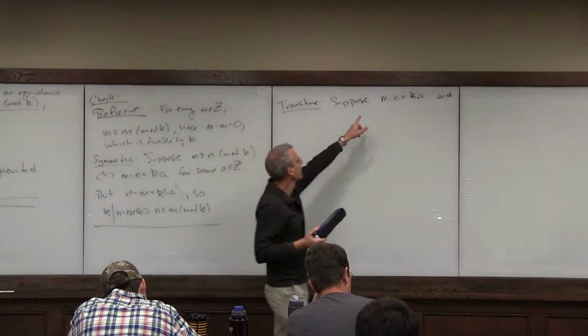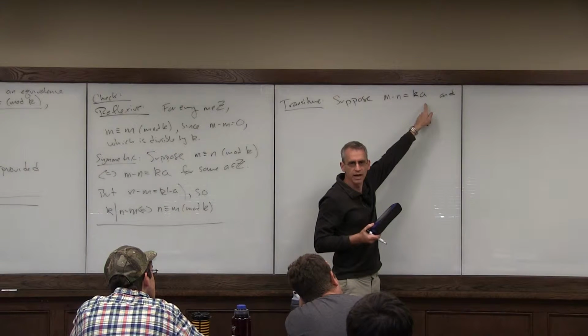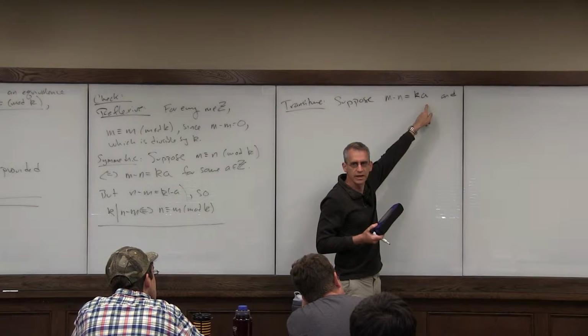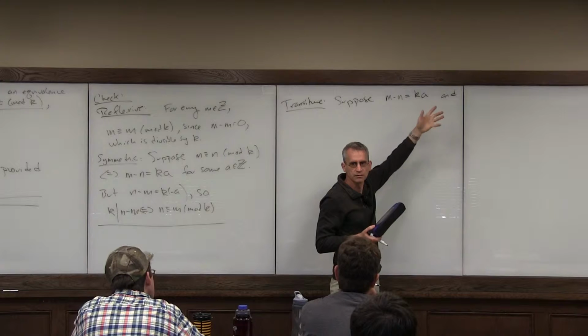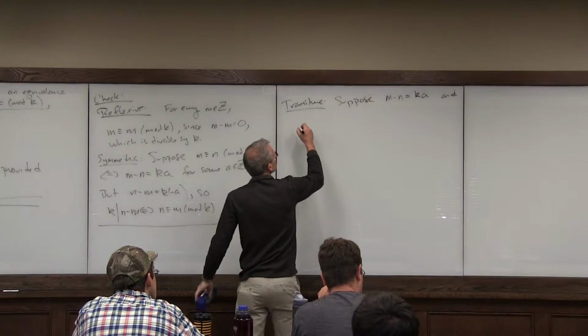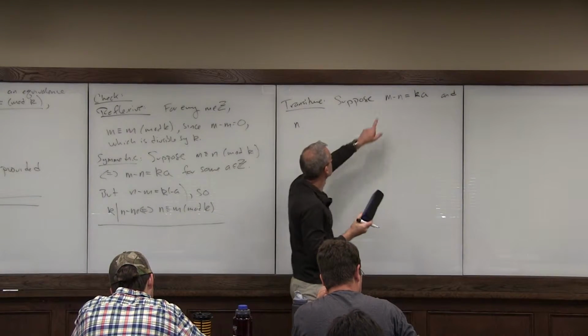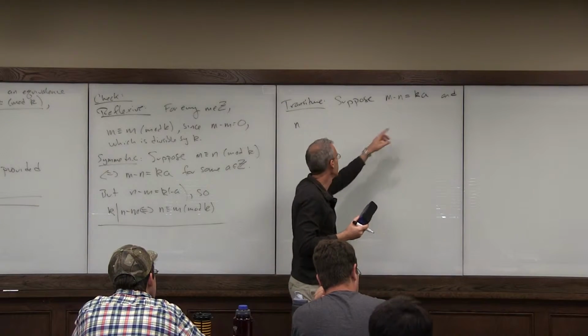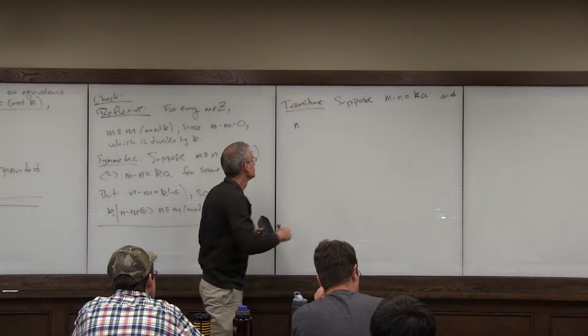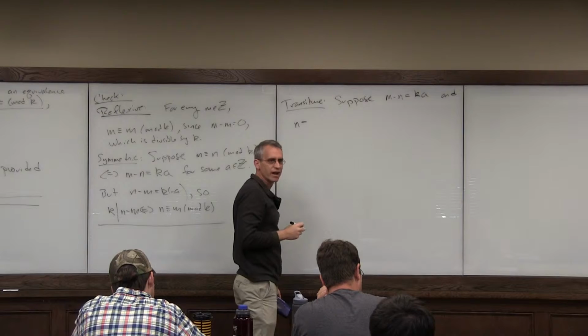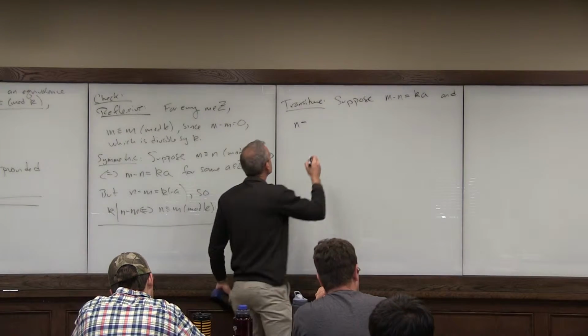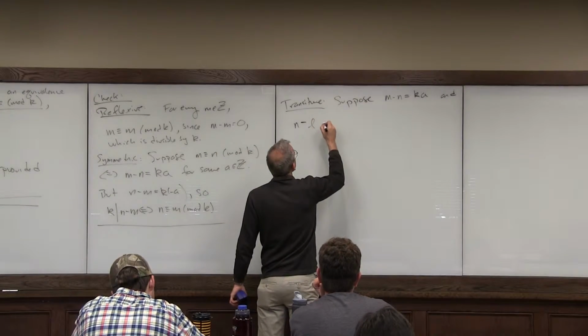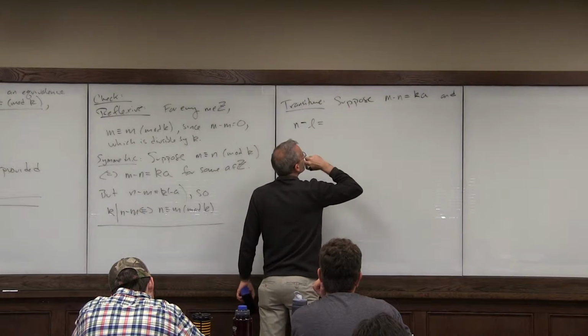So here I'm assuming that m is equivalent to n mod k. For transitive, what do I need next? n minus l, okay, sure. We'll use l. And of course you need n because remember we need m, we need n, and then n has to be equivalent to something new. So we're using l. You know, k is kind of out of the picture here. Minus l equals what?